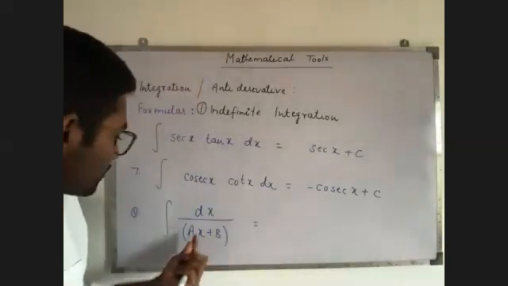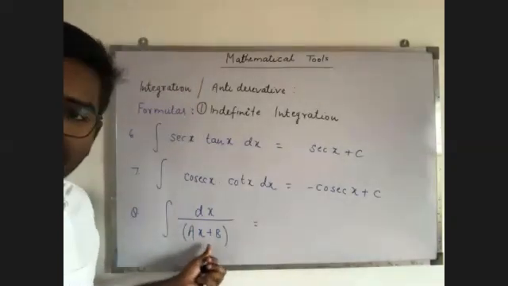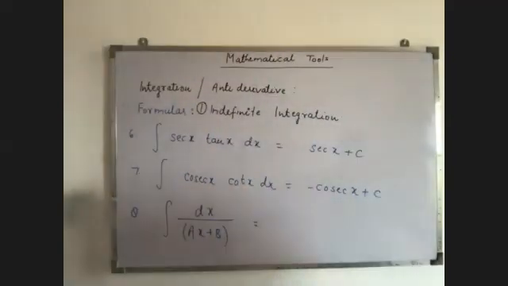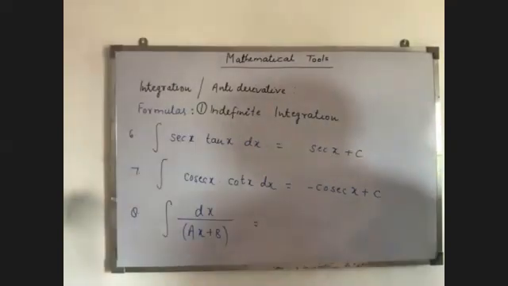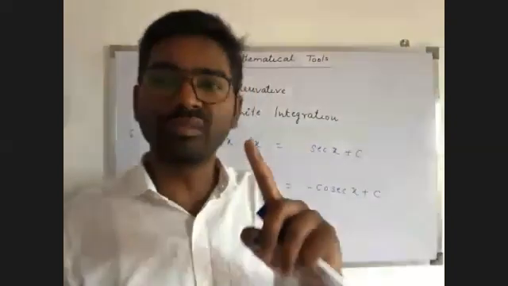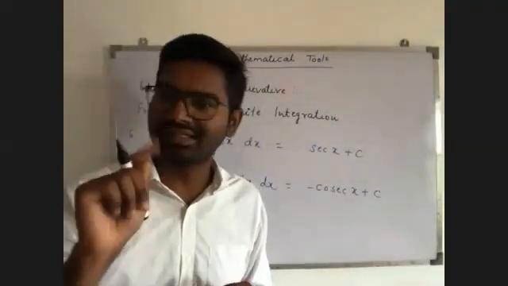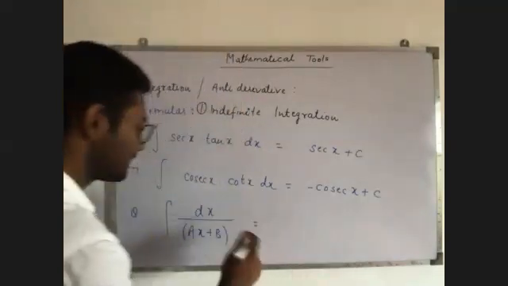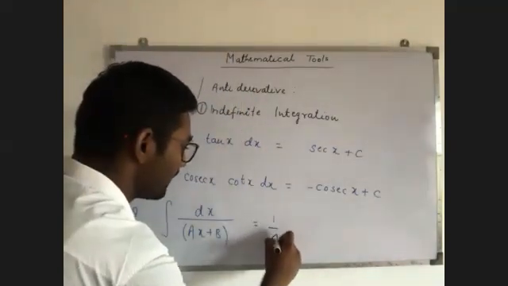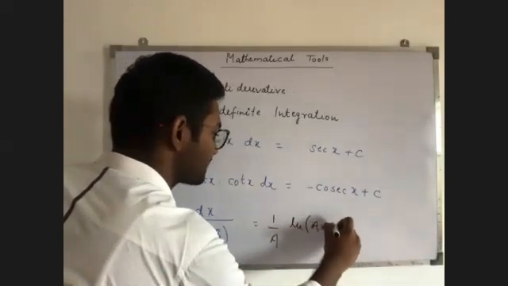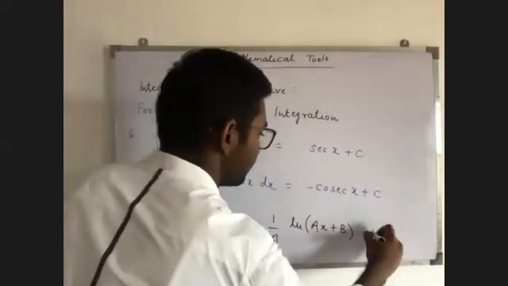Now if I put a equal to 1, b equal to 0, what will I get? Can I say that I will get 1 by x dx? The differentiation of ln x is 1 by x. So this is nothing but 1 by a ln ax plus b plus c.